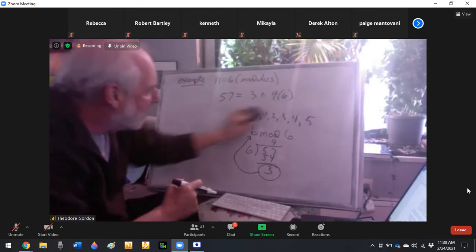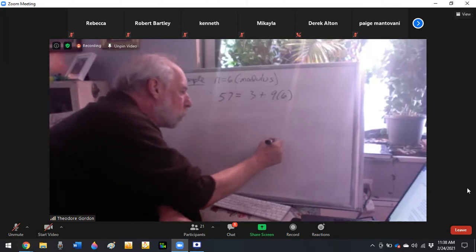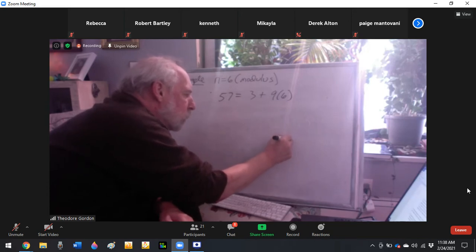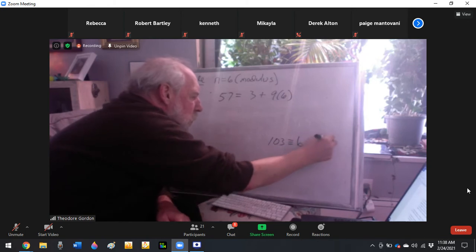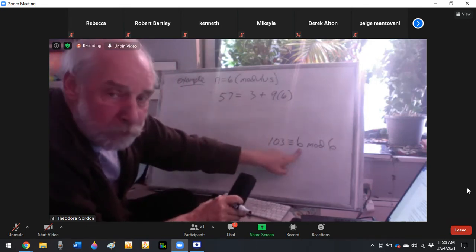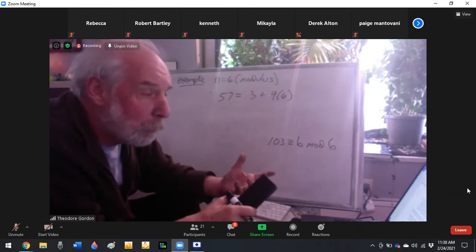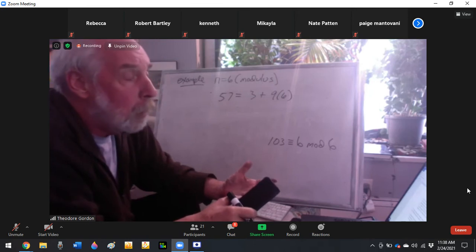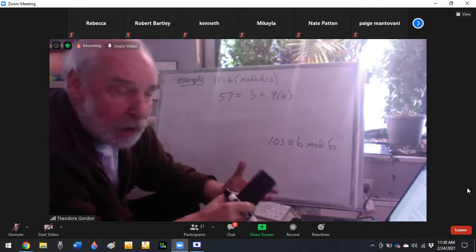So another example of mod 6. If we wanted to know, 103 is congruent to what, mod 6? There are an infinite number of solutions here, but we want the laziest one. So the least positive residues are the laziest whole number remainders that are not negative.